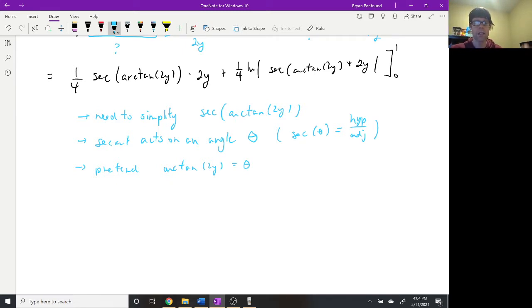Arctan should act on a length and return back an angle. So we're going to pretend that theta is equal to arctan of 2y, so that what we're looking at is secant of theta. We're making a substitution, replacing this with some angle, I'm calling it theta, and we're going to try to set up the right-angled triangle that's associated with this particular problem.